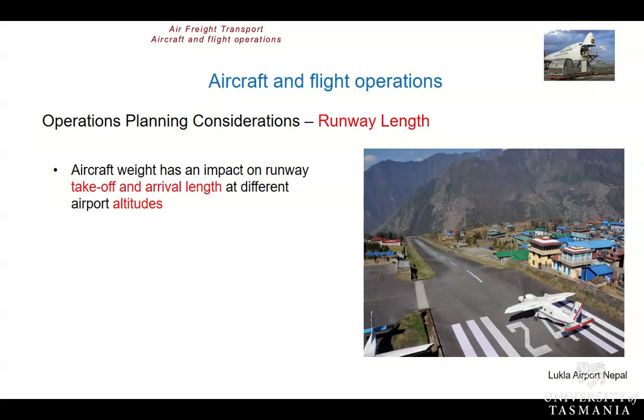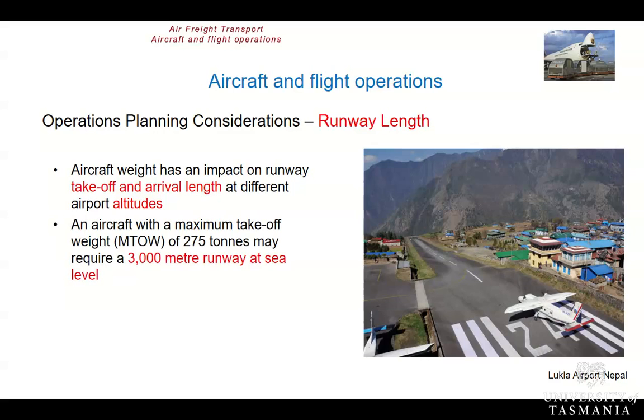Every aircraft, depending on its weight, is viable for a certain runway. So takeoff and arrival length is also going to vary depending on altitude. These are considerations that need to be taken on board in regards to flight operations.